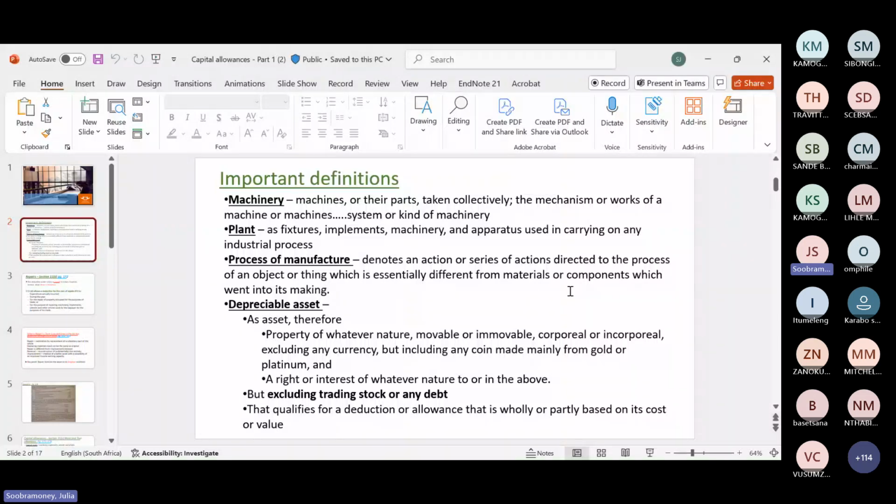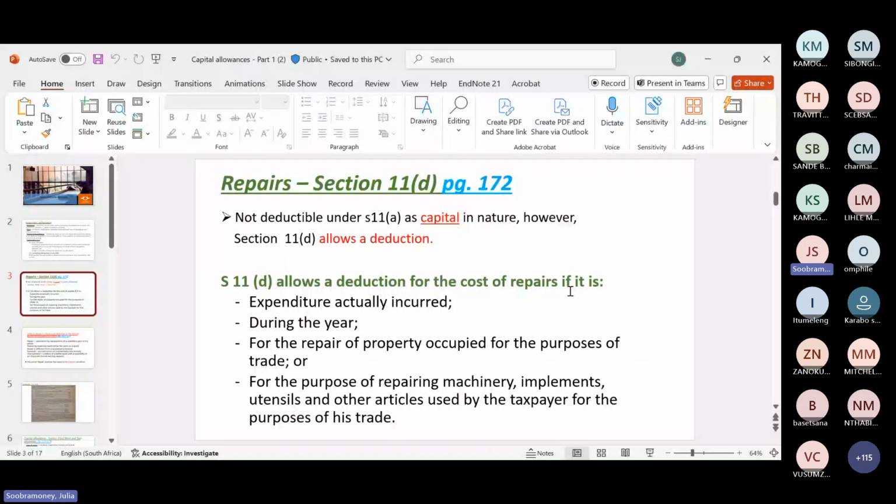Right. So before we start with the actual assets, I am going to cover repairs with you now. A repair is actually a special deduction, but the reason I cover it under capital allowances is because it fits in with your capital assets. That's the reason we cover it under this section.